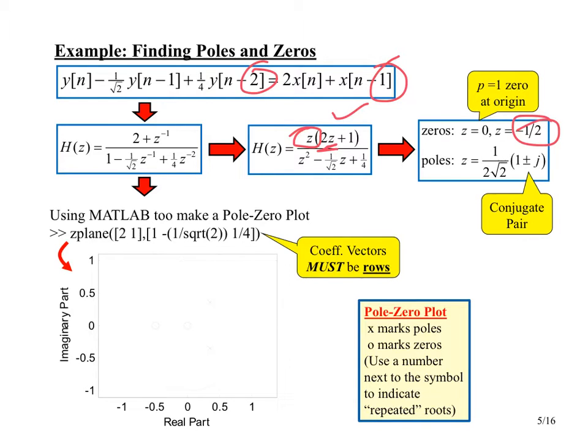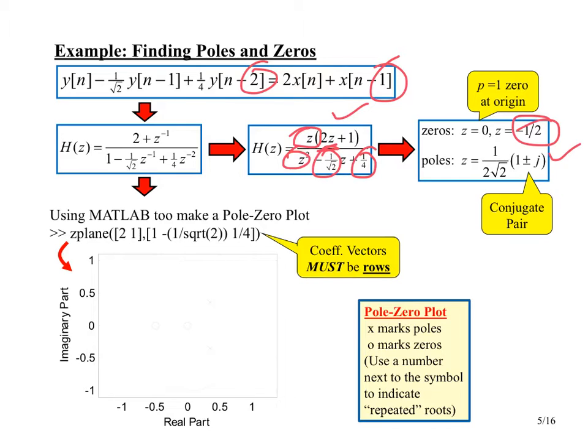Then in the denominator, we've got a polynomial that we have to factor. If you factor that, you see that you end up with conjugate roots. Since the coefficients of the denominator polynomial, at least as we're restricting them here, must be real valued, we know that the roots of these polynomials must be complex conjugate pairs if they're complex.